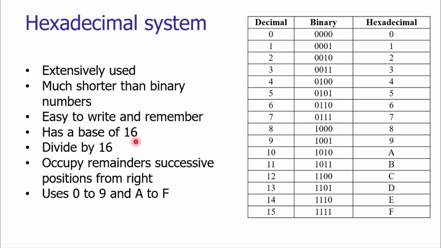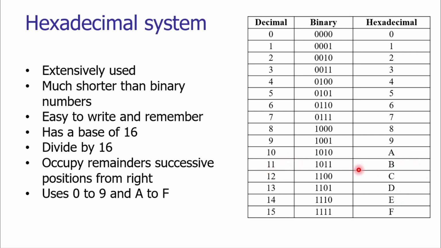So when we divide the given number by 16, whatever the remainder is, we have to represent it using a certain system. In binary we have a 4-bit representation, but in hexadecimal up to 9 we give the digits, and after 9 we use the alphabets.